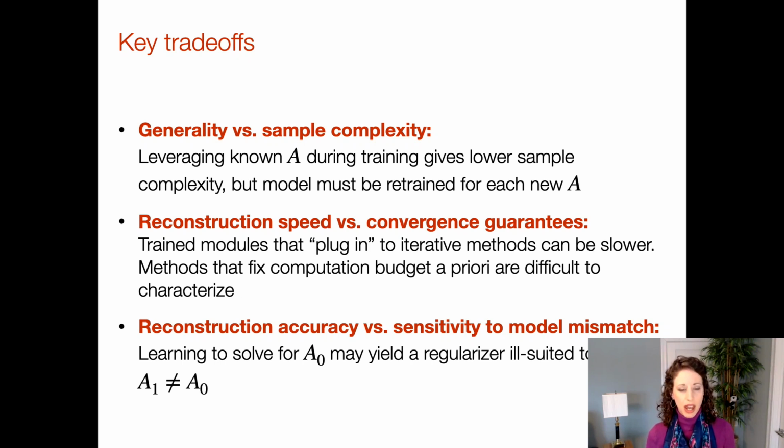So we're going to look at methods that do or do not leverage knowledge of this forward model A and how that affects sample complexity. We'll also be looking at trade-offs related to reconstruction speed and convergence guarantees. And finally, and with some particular attention, we're going to look at sensitivity to model mismatch. What happens when we try to train a method to solve a particular inverse problem, but then when we deploy it out in the real world, we have a slightly different forward model.